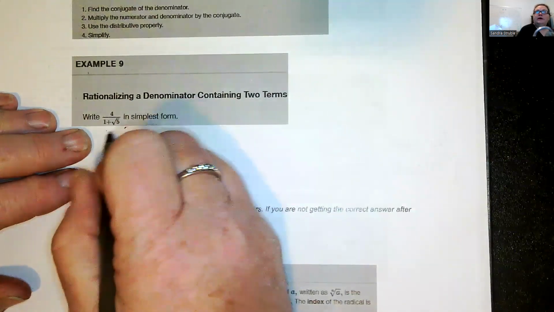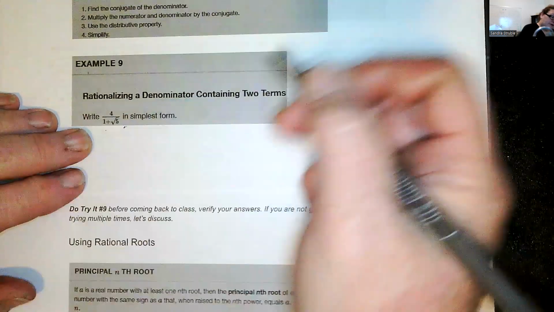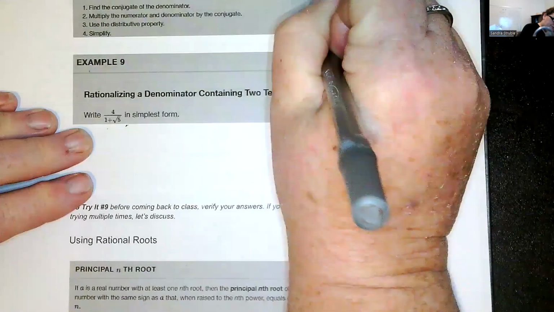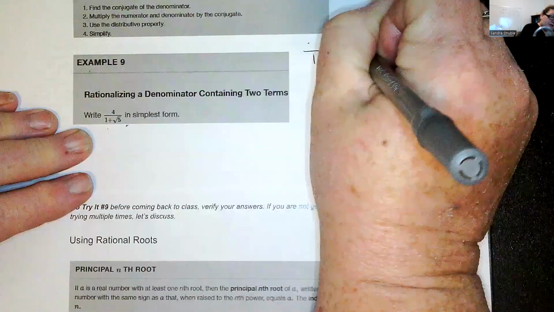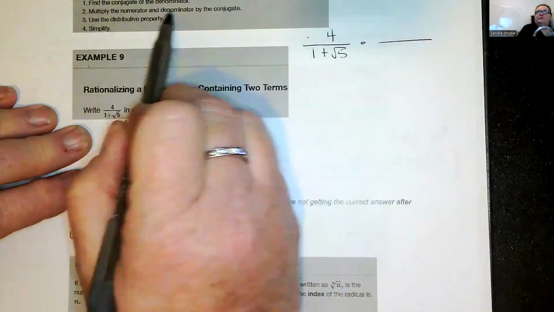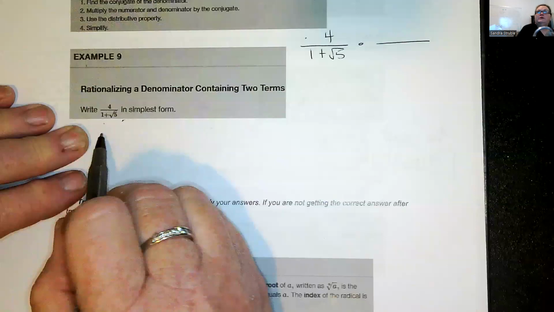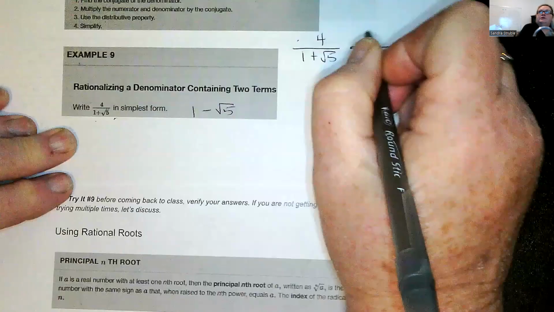Anytime you're dealing with a binomial like this, it's going to be 1 minus the square root of 5. So let's write that. 4 divided by 1 plus the square root of 5. And the directions are telling us to multiply the numerator and denominator by the conjugate. The conjugate of 1 plus the square root of 5 is 1 minus the square root of 5. So that's what I'm going to do.